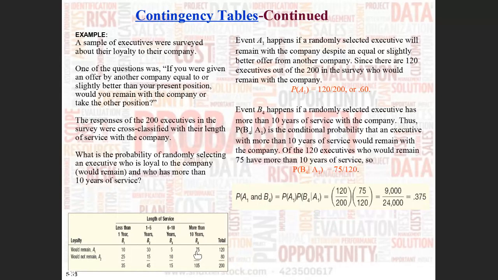Oh, here, they've got 10 years. This is the total. 75 divided by 200 would get you 0.375 or 37.5%. Does everybody understand the logic of doing this? Looking at the table and coming up with your probability. Any questions about that? No questions? Okay.